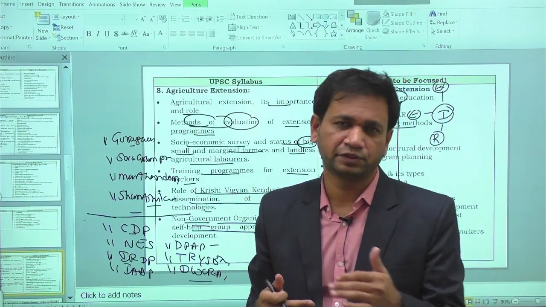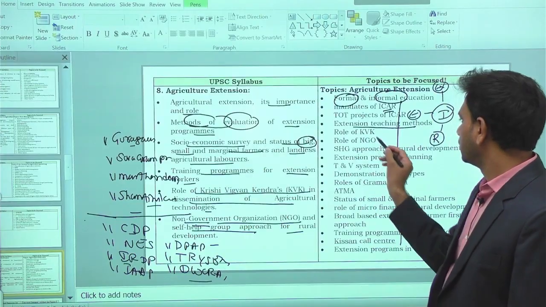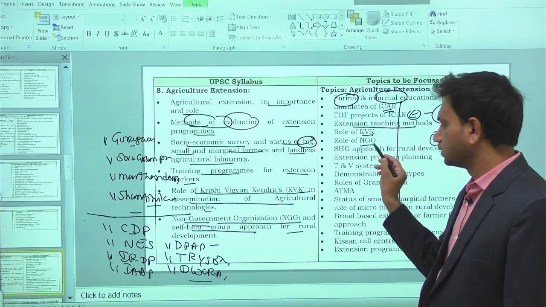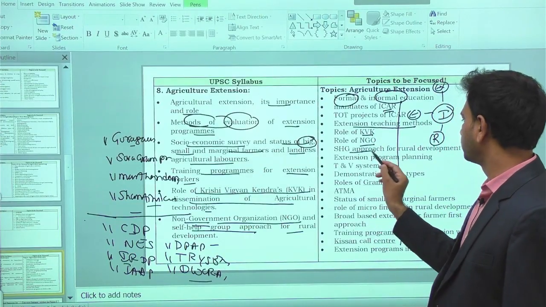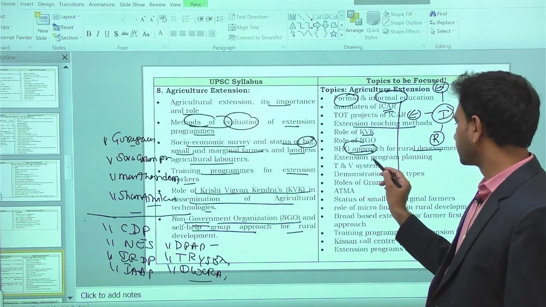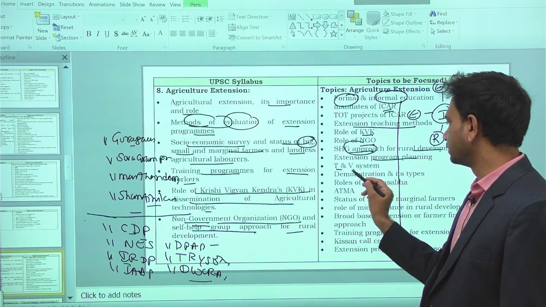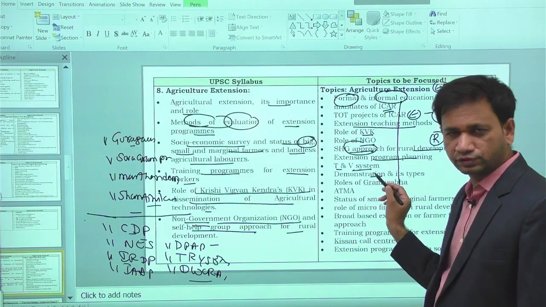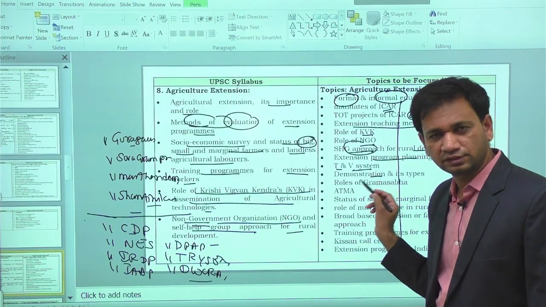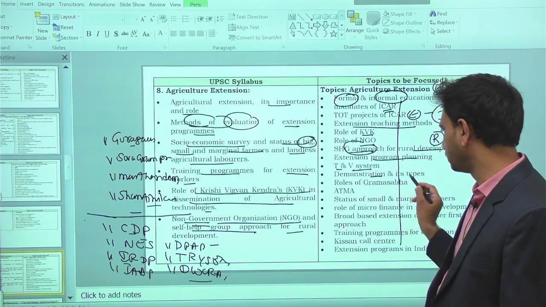Then we have the role of Krishi Vigyan Kendra, NGOs, then the self-help group approach for rural development, then extension program planning, the training and visit system, demonstration. Method demonstration, result demonstration, front-line demonstrations are possible.